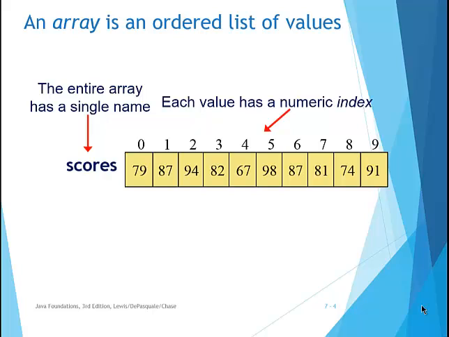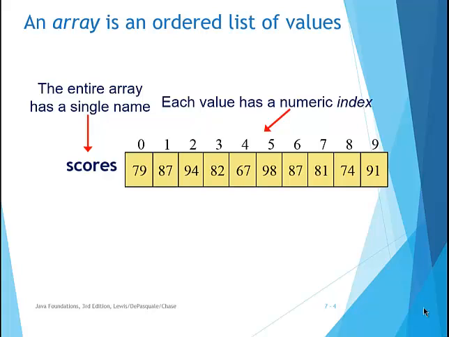Each value has a numeric index. Since the array is an ordered list of elements, we just use one common group name to identify it. Then we use the ordinal index numbers to uniquely identify each individual item. We also must define a size for the array. This specifies how many items are in the collection.